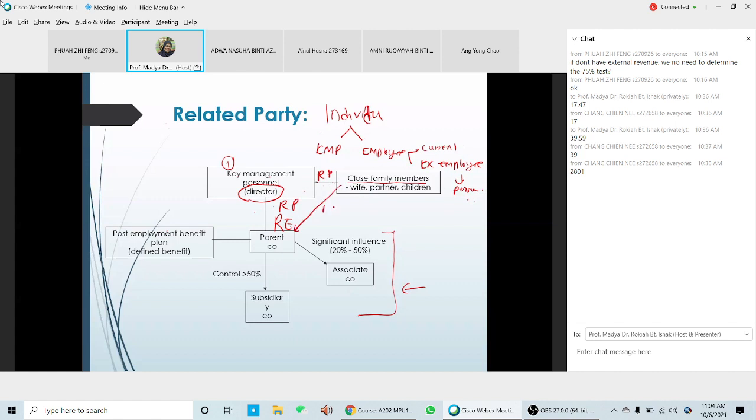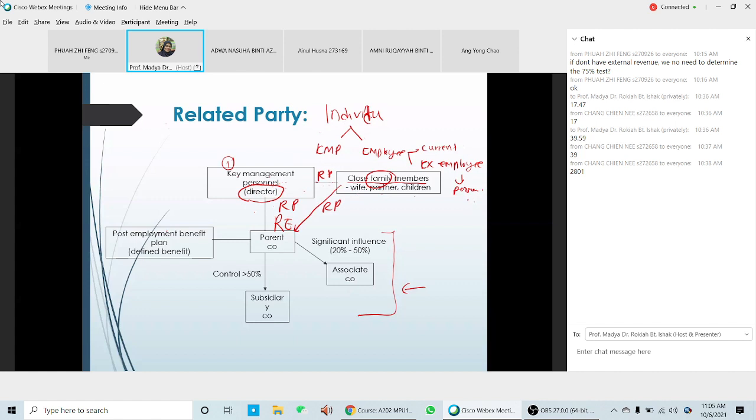Why is this one a related party here? Because they are close family members of key management personnel. Examples here are a wife, partner, children. They are considered close family members.